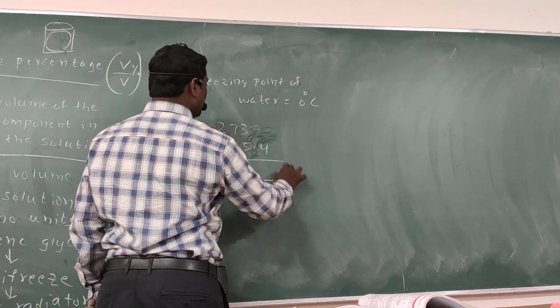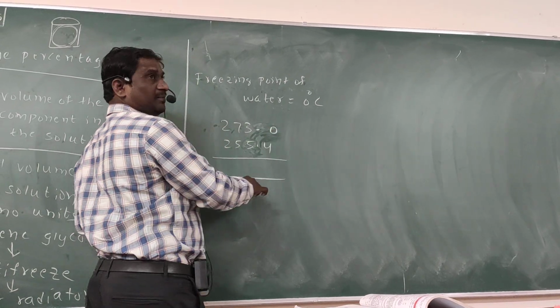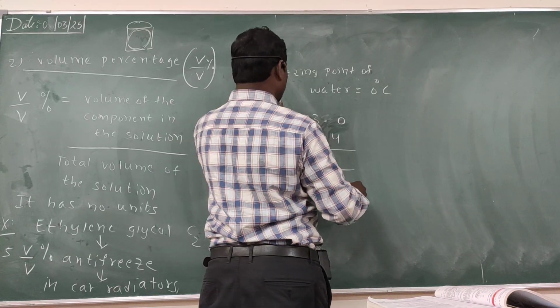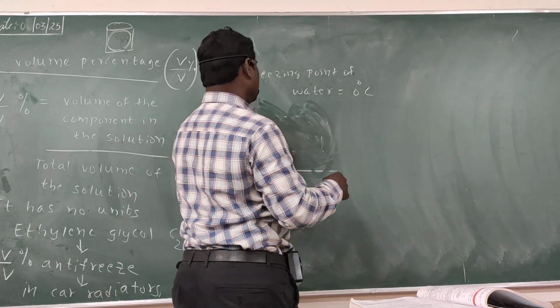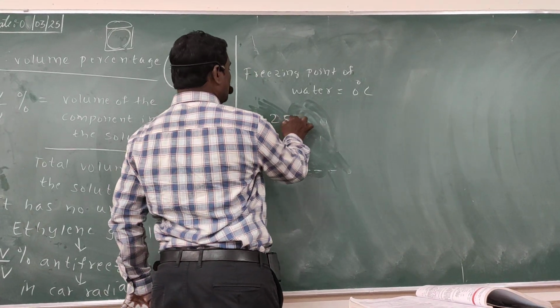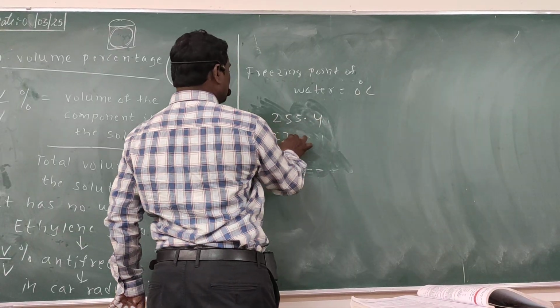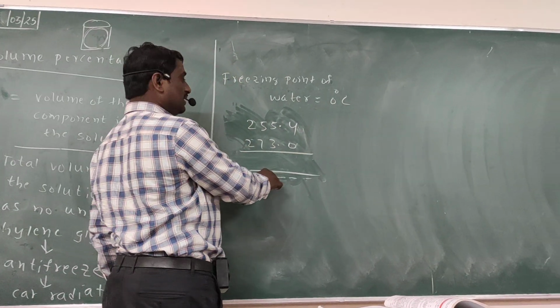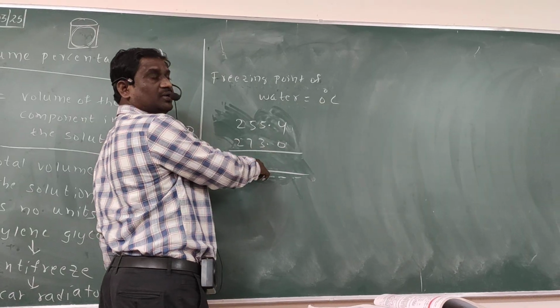255.4, if you take this and subtract both values, because it is Celsius I want to change it. 254.4 minus 273.0. If you subtract a big number from a small number you get minus.